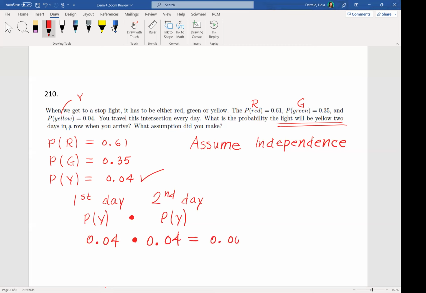So you get 0.0016. So it's really the probability of yellow to the second power, which is the same thing. If it had asked what is the probability that the light will be yellow 3 times in a row, it'd be just 0.04 to the third power. And then you just multiply it out.